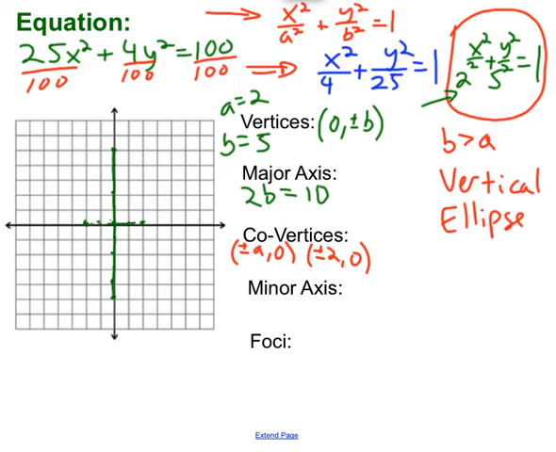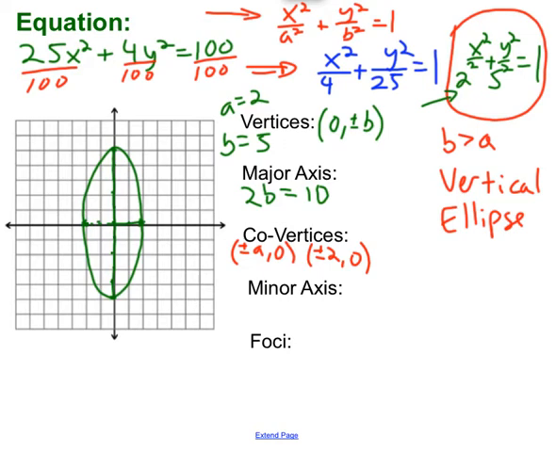So this will be a little narrower than our last ellipse. All right, now that's enough to draw a graph of this ellipse. And you notice this is a lot skinnier shape. This is more football shaped than the last one. Let me fix that right there. There we go.